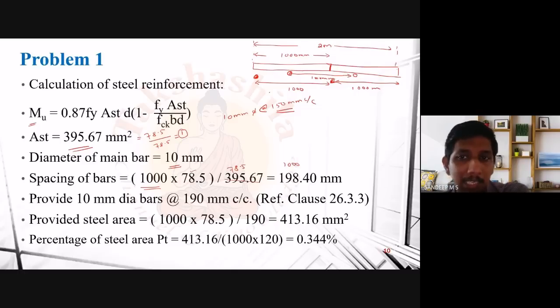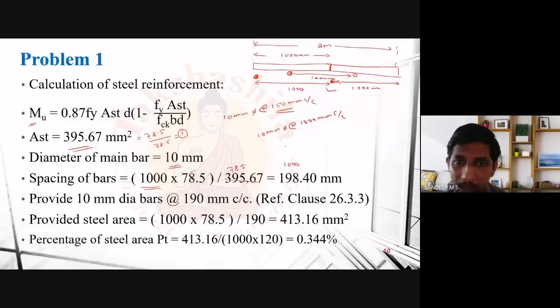In general, when you provide reinforcement in this slab having 2 meters, you just provide 10 millimeter diameter bars at 1000 millimeter center to center spacing. So you will be getting this configuration. This is how you will calculate the spacing.